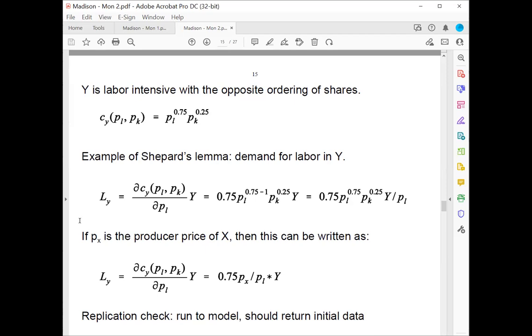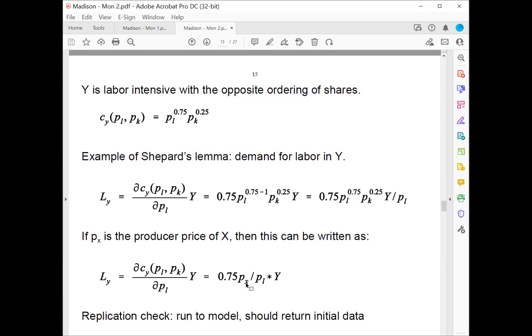Then for the market clearing conditions, we need to, for example, know the amount of labor demanded in the Y sector. And that's found by just applying Shepard's lemma to the cost function, multiplied by the equilibrium output of the Y sector. It can be simplified a little bit more directly.